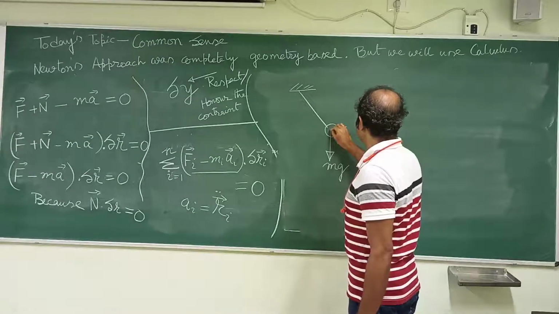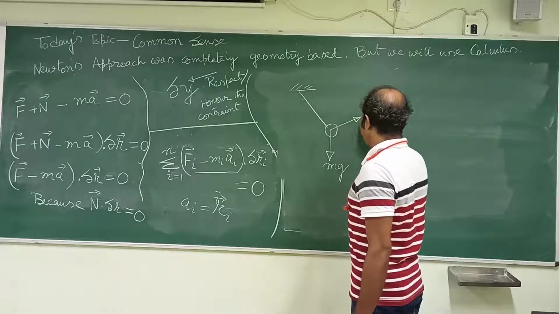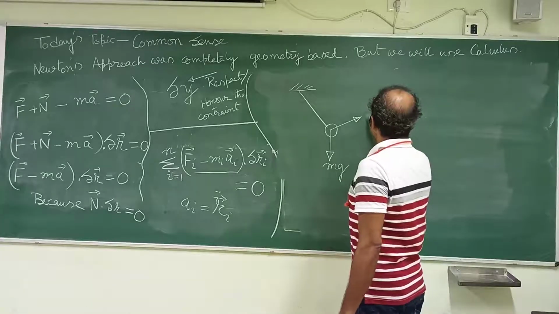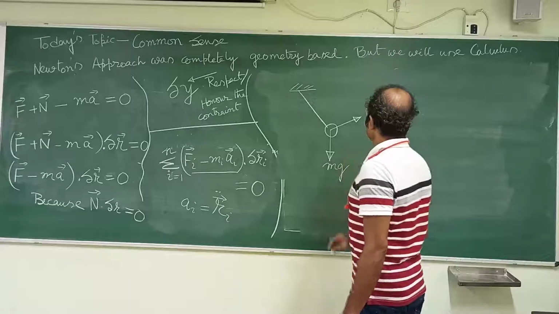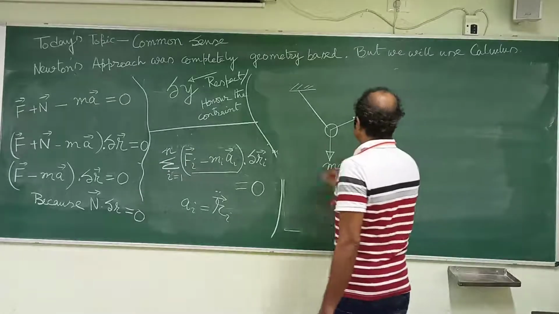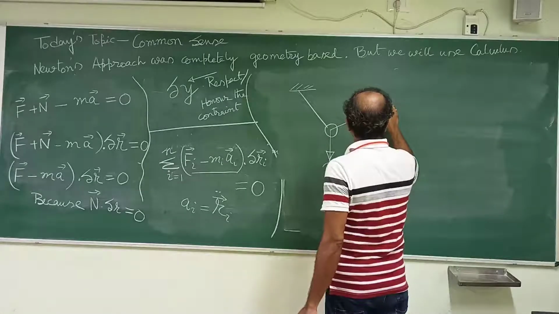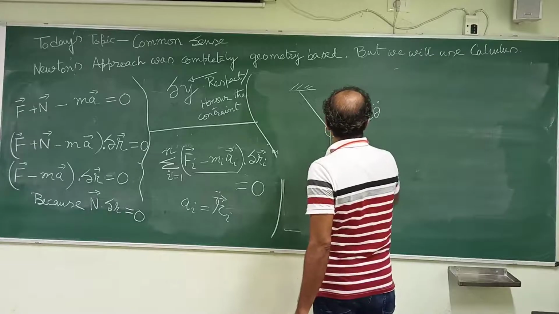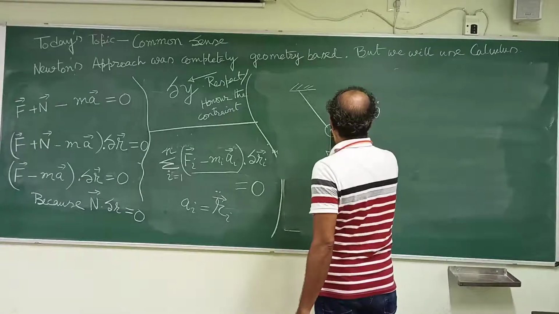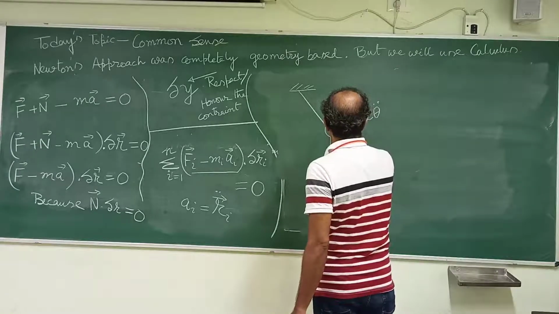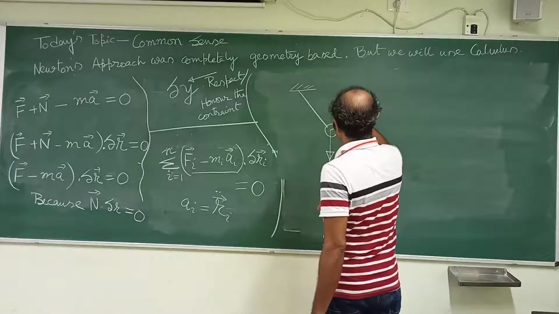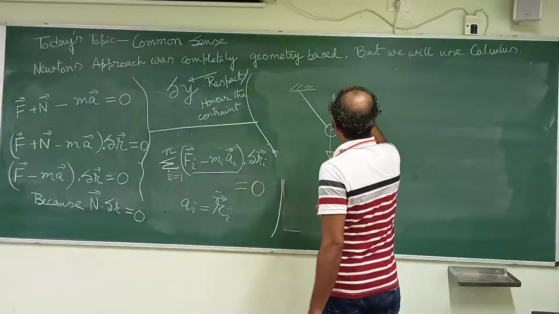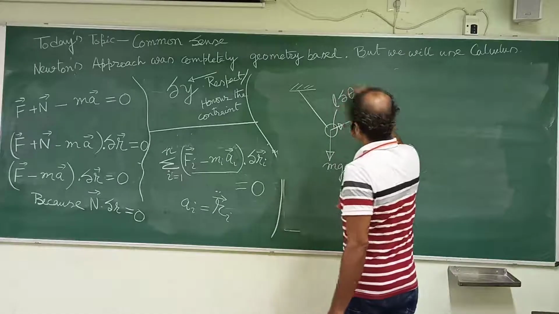This is my acceleration direction along e theta, so it is going to be L theta double dot. Along this I have given a virtual displacement, and this virtual displacement amount is R delta theta.